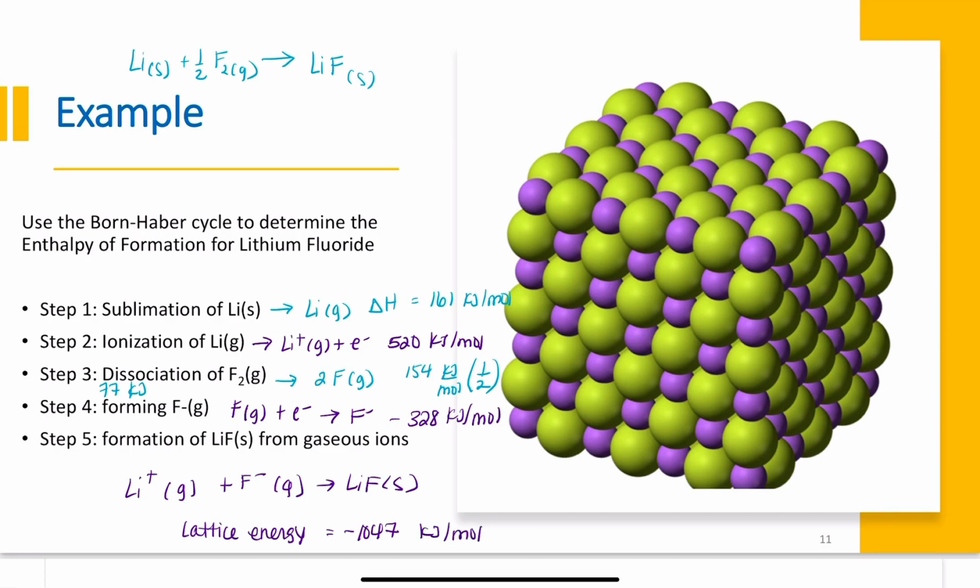And again, we would have to provide these values for you, but when you're working problems on your own, you can look this up. The enthalpy of formation, delta H formation here, is equal to -617 kilojoules per mole. So these are all processes you've seen all semester long. We're just pulling them all together.